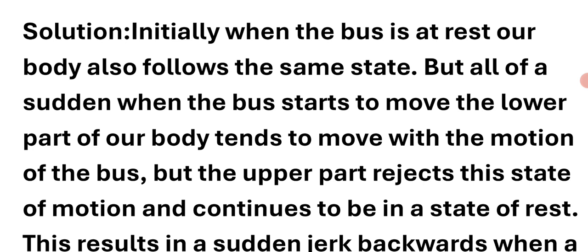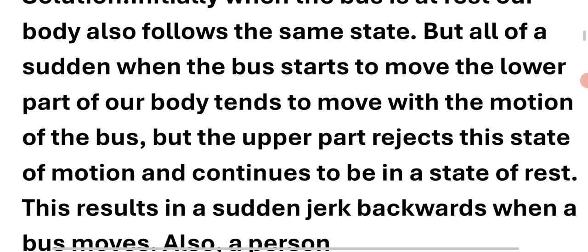But all of a sudden, when the bus starts to move, the lower part of our body tends to move with the motion of the bus, but the upper part resists this state of motion and continues to be in a state of rest. This results in a sudden jerk backwards when the bus moves.